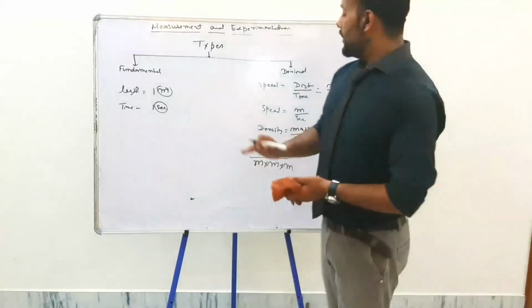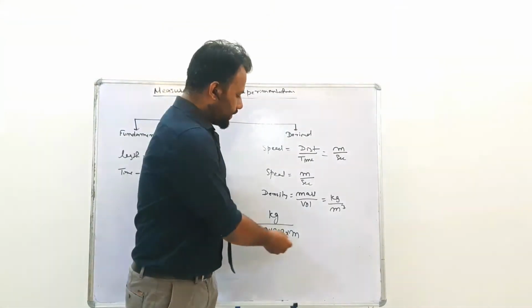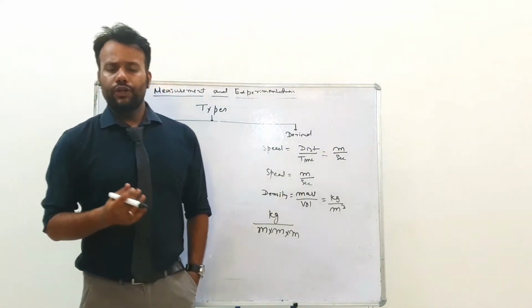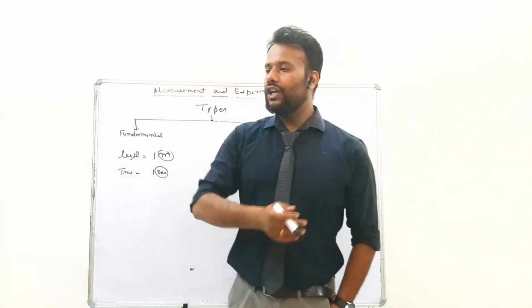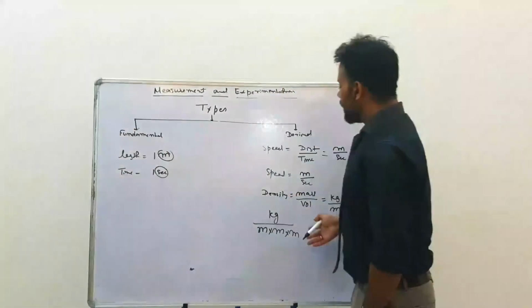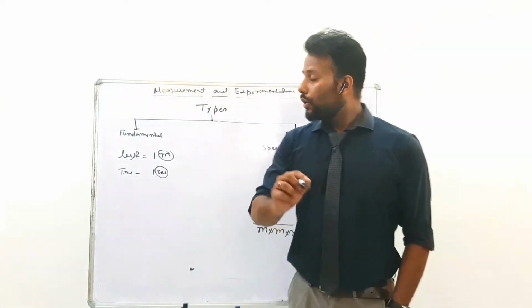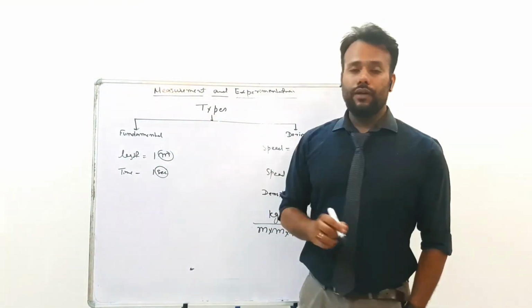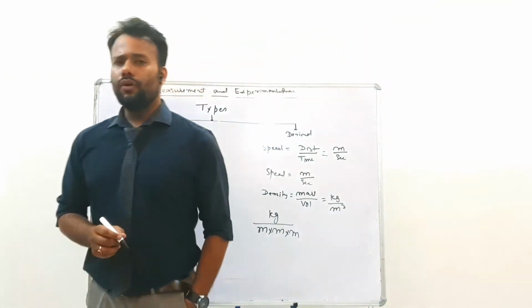And that's why this is not our fundamental unit, so that is our derived unit. So in short, the fundamental units are the independent units. They do not depend on any other units, and the derived units are not independent, they depend on our fundamental units.